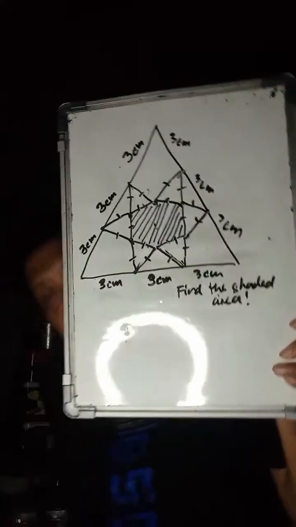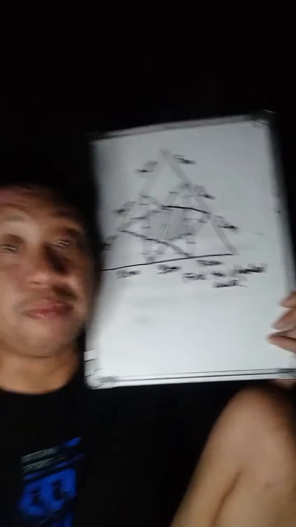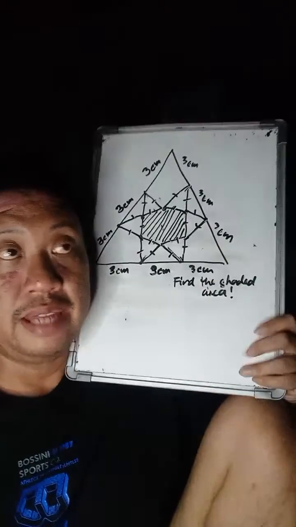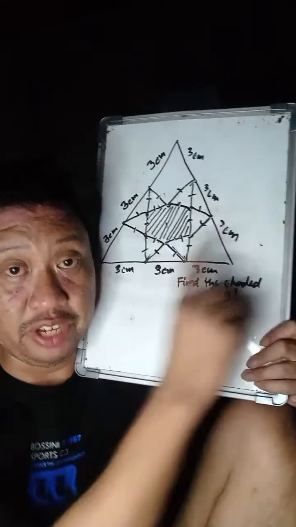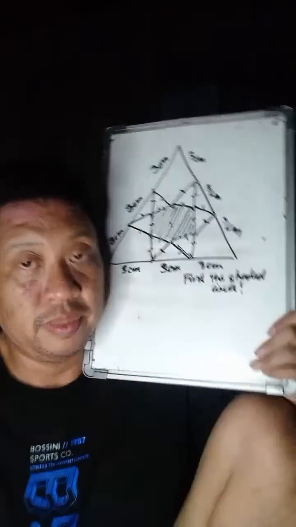And just recently, a post on Facebook gave a math challenge such as this. This is part of geometry, and what we're trying to solve here is the shaded area right in the middle.